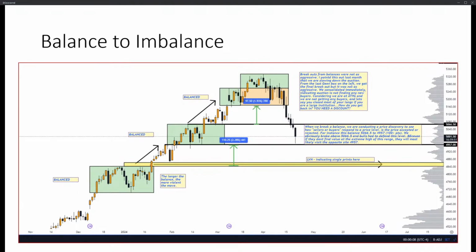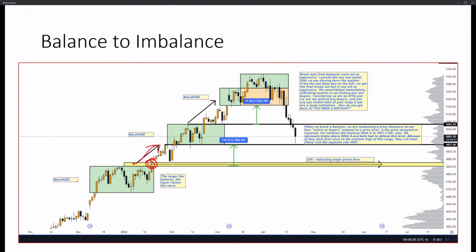One of the better setups when you're trading volume profile on higher time frames, I would say daily and higher, which is all we use. If you do have some of these single prints like here, and I'll show you guys this live on the charts, when you have these LVNs, isn't this where the price discovery started this trend?